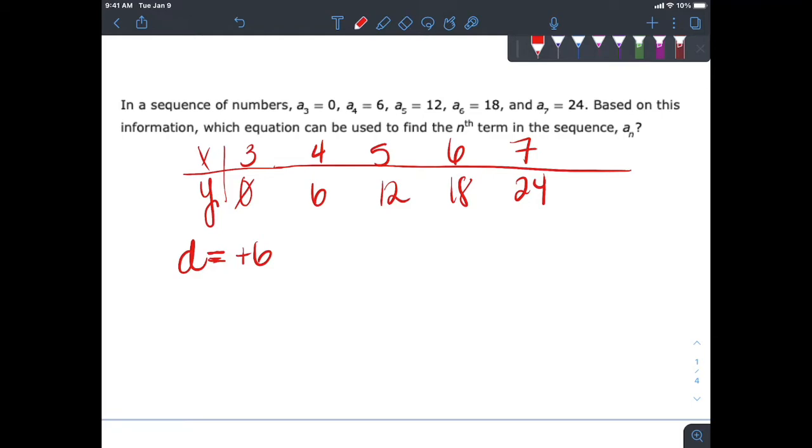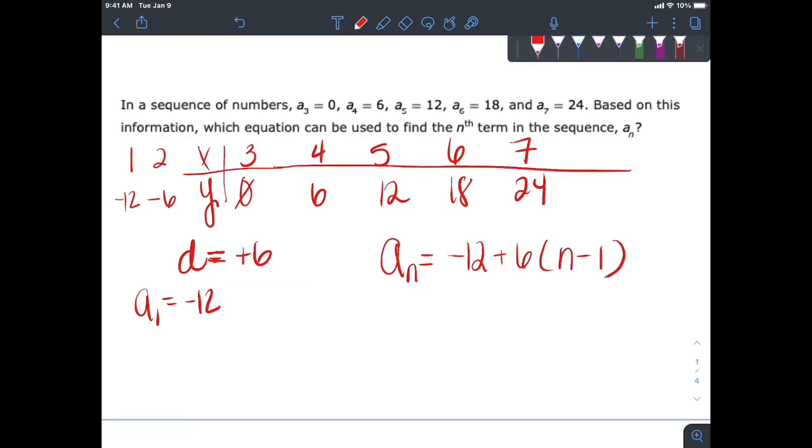And as you remember, we always have to first find what would be the very first term in the sequence. So if I go back 6, negative 12 would be a sub 1. So that means that a sub n is going to be equal to negative 12 plus 6 times n minus 1.